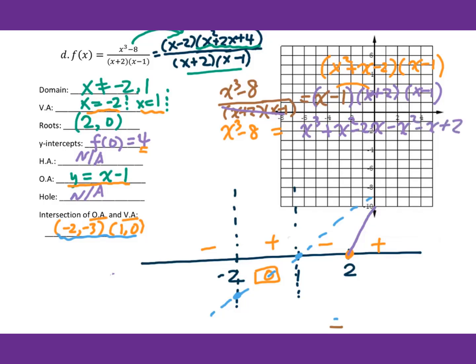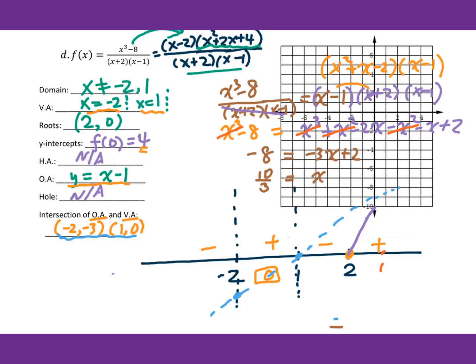Then we combine like terms. This 2 is gone. X third power is gone. So we get negative 8 equals negative 3x plus 2. So x equals 10 over 3. In other words, the rational function will intersect this oblique asymptote line at x equals 10 over 3.